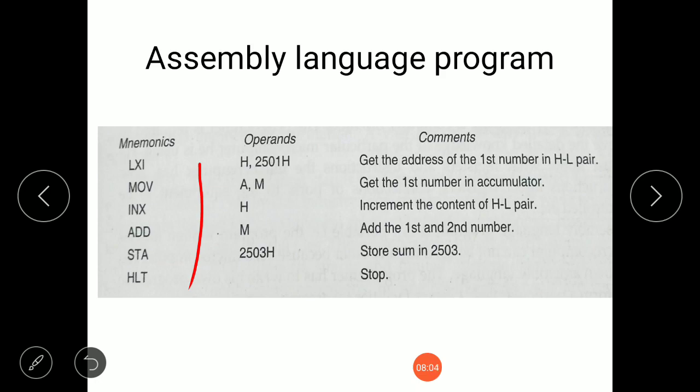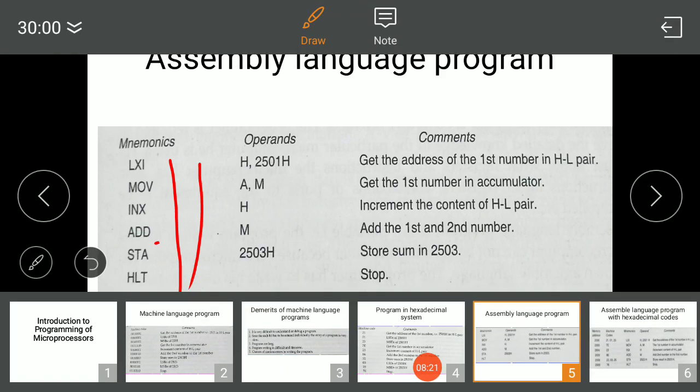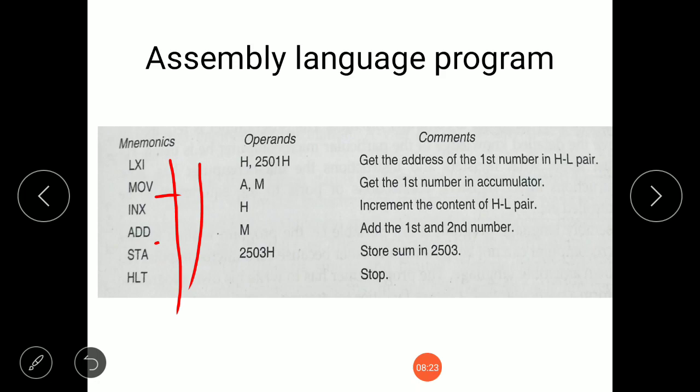In an assembly language program, rather than using zeros or ones or just numbers, we write the program in the form of mnemonics. These are the mnemonics. As I've told you, ADD is for addition, MOV is for shifting, and so on. Any program that is written in the form of mnemonics is an assembly language program.